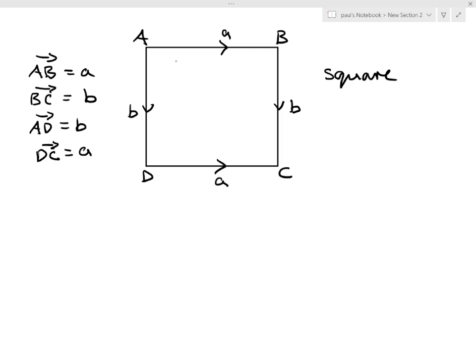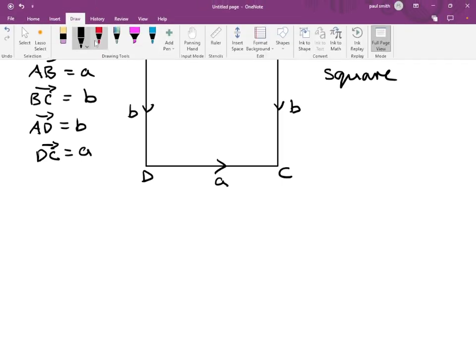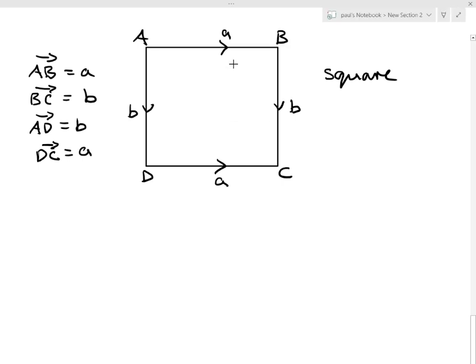Now, already, without working out any vectors, you know that this one here, AD, is going to be equal to b because it's the same as the one on the right hand side. And DC is going to be equal to a. Right, now, let's change the colour and let's draw a line from A to C and see whether we can find that. So let's work out what AC is. Now, we can go one of two ways.